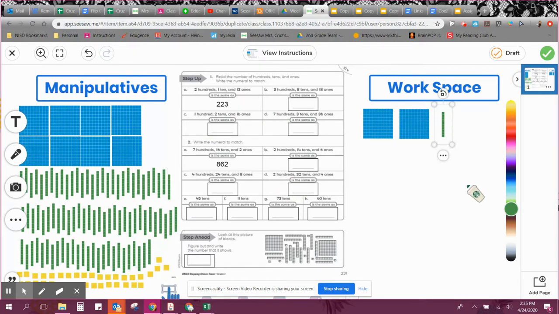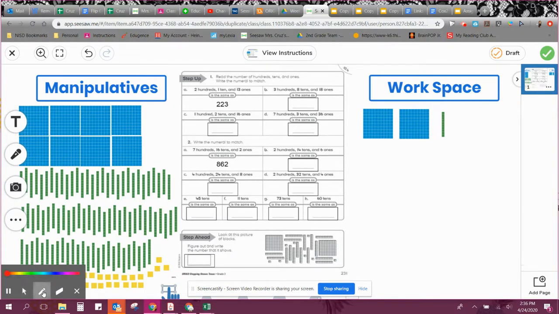So I'm not going to do it because it takes too much time. You can either pull these or you can also use the drawing tool and you can draw it. And then you're going to loop it like we just did. You're going to cross it off. Well, let me show you one. So 1, 2, 3, 4, 5, 6, 7, 8, 9, 10, 11, 12, 13.